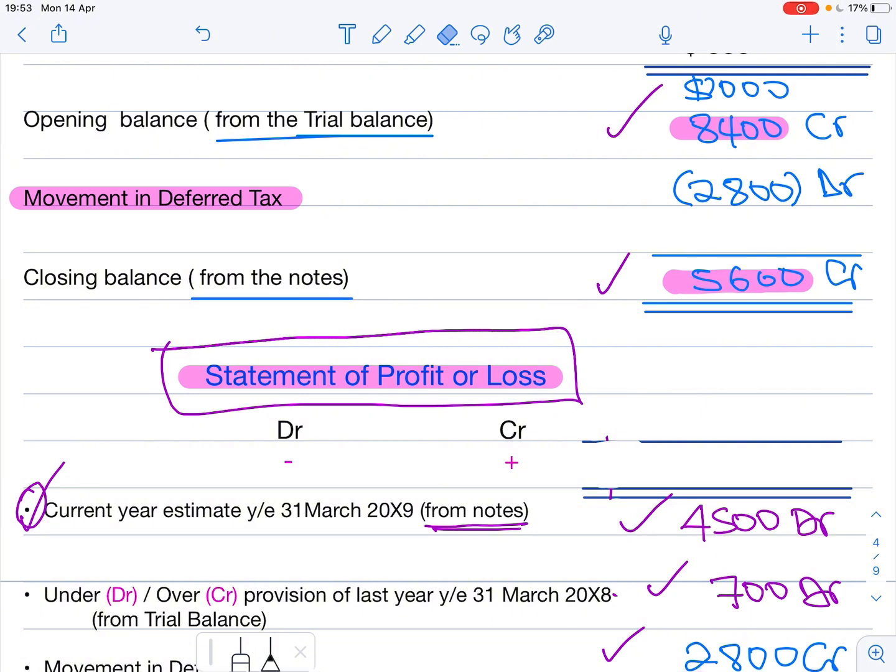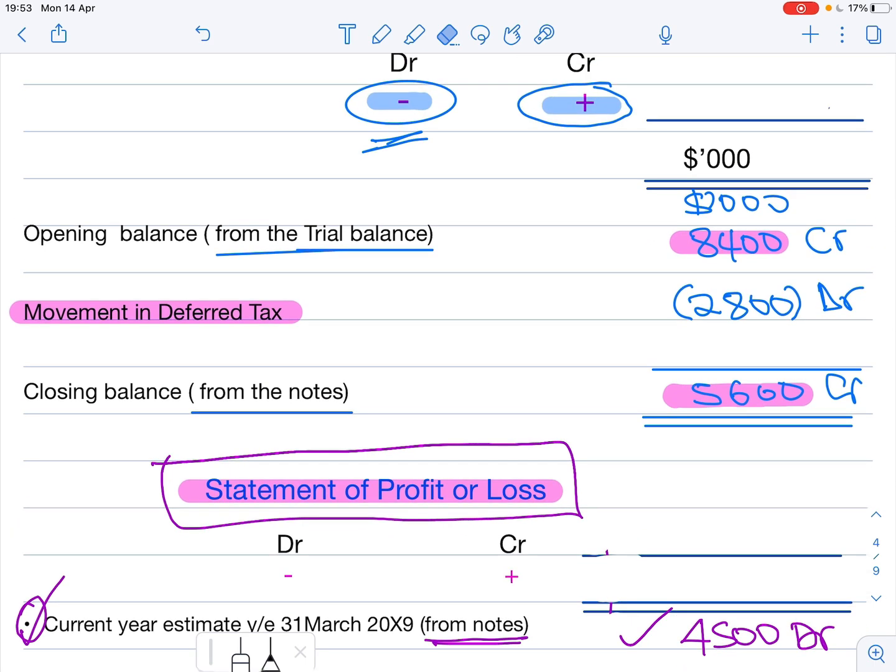So this liability got reduced, and that is why we have it as a negative figure in the deferred tax account. So the 2.8 is a negative figure in the deferred tax account.